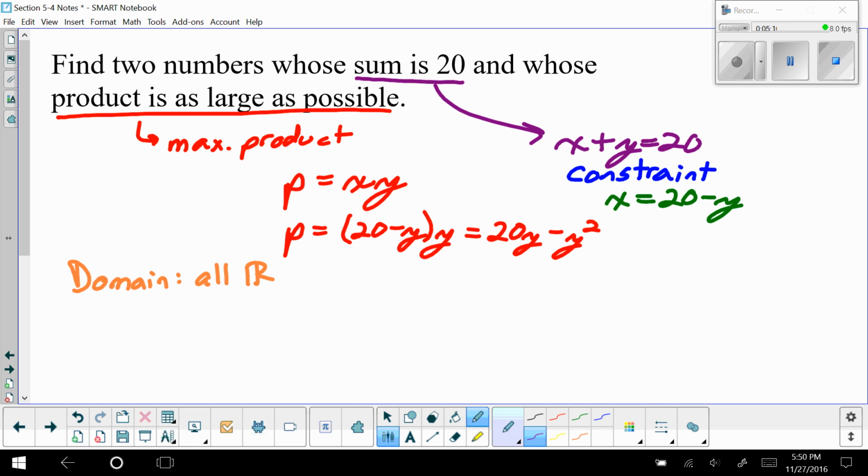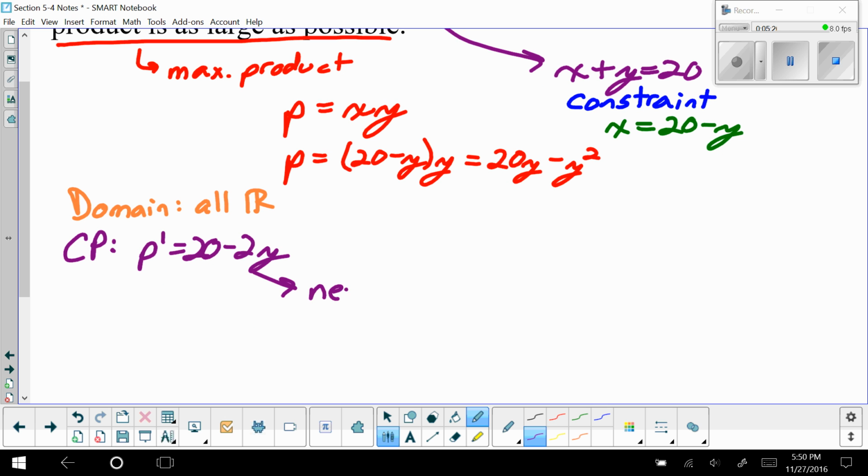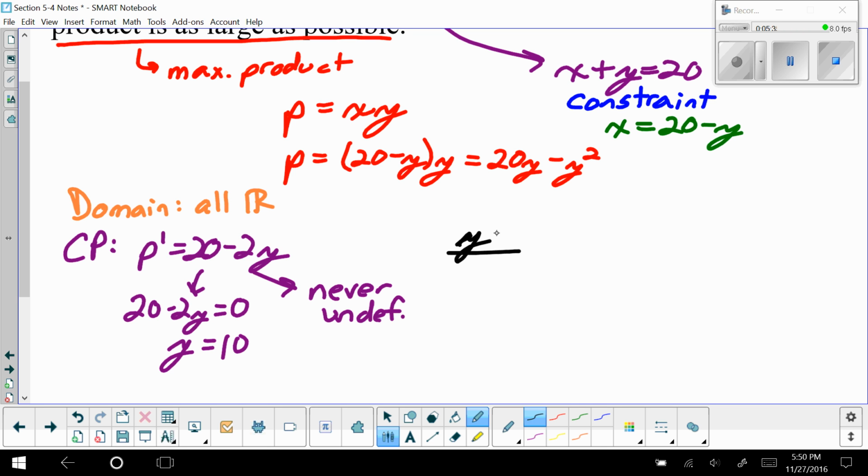But then I go to my critical points. So I need P prime, which would be 20 minus 2y. The nice thing is, it's never undefined. And then when I set this equal to 0, I get y is 10. So I really only have one candidate. When y is 10, my product will be 100.